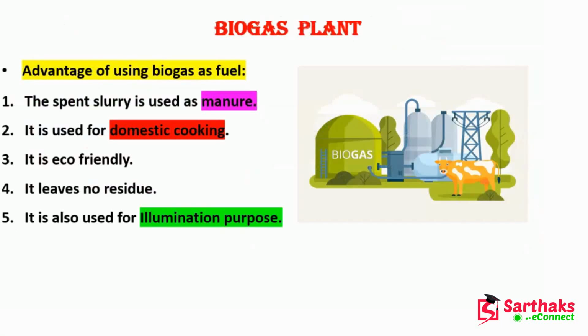Okay students, so here we will be talking about the biogas plant. You can see that the cow dung and the wastage of animals, when it decomposes, converts into a gas, and this gas is known as biogas.